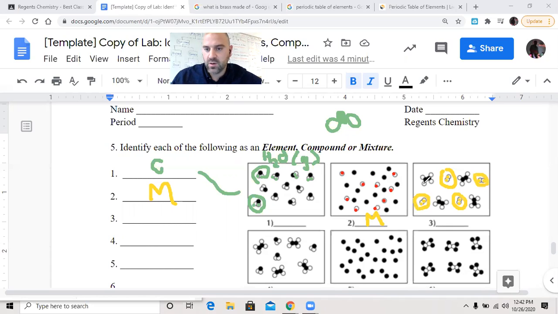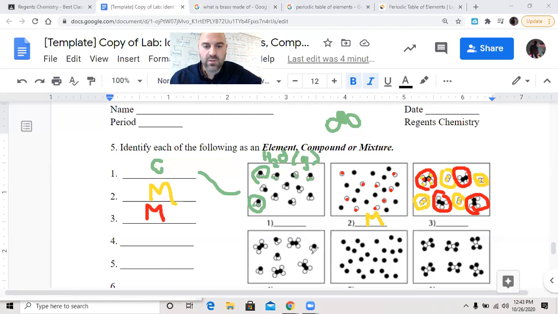But then I have a different one with 1, 2, 3, 4, the yellow, and I have 2 black. 4 yellow, 2 black. Here's a different compound. So that's the same compound, same compound, same compound. In this situation, since I have 2 different compounds mixed together, this is a mixture.